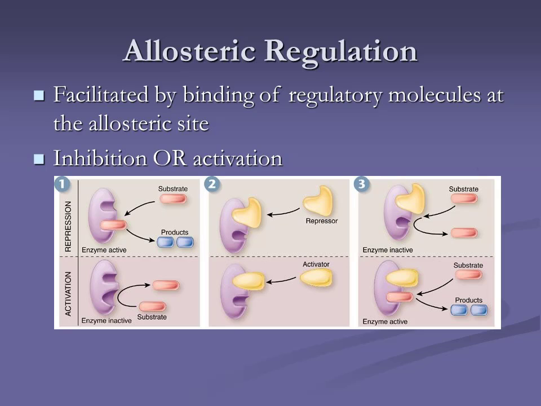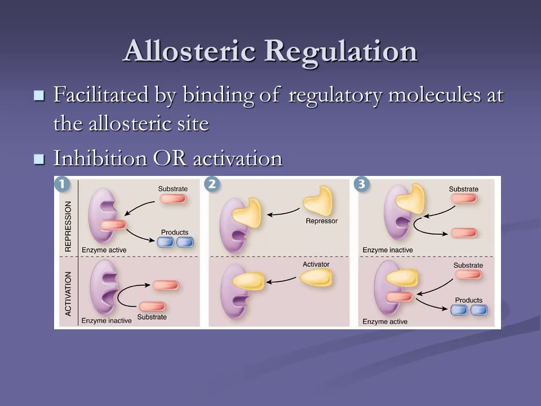It turns it off by changing the shape of the enzyme and changing the shape of the active site such that the substrate can no longer bind. So some enzymatic conditions can have an enzyme that's on until an inhibitor comes in and binds to the allosteric site to turn it off.